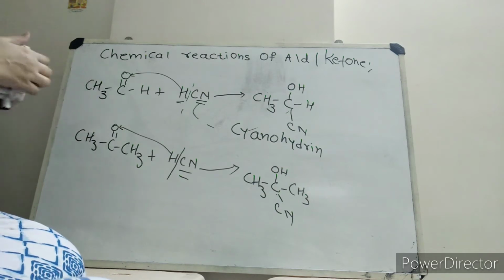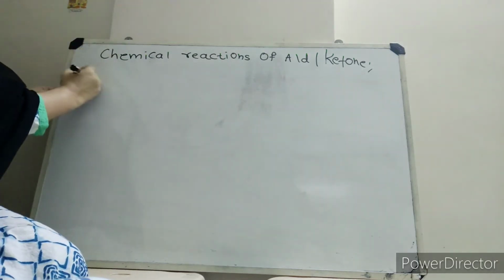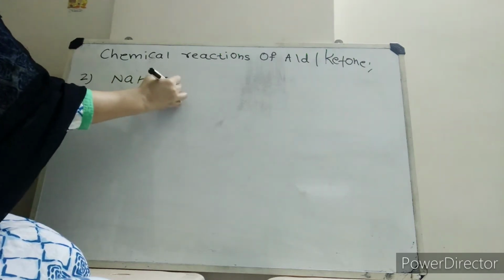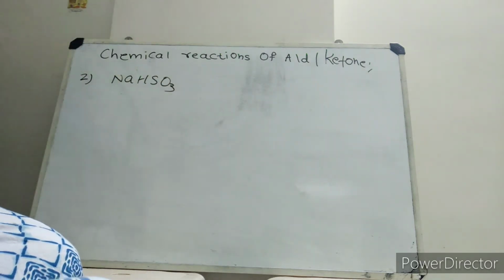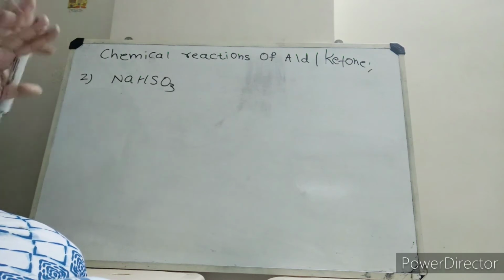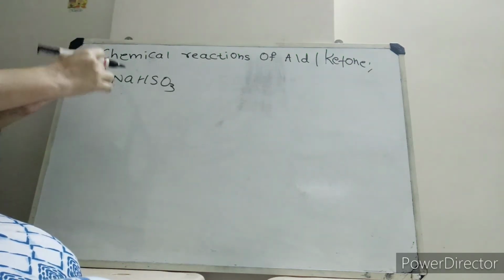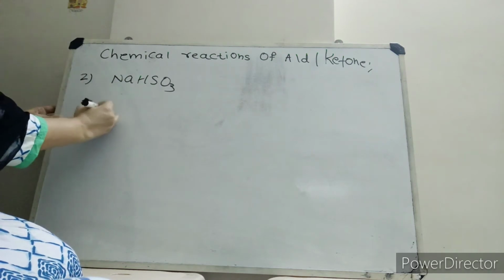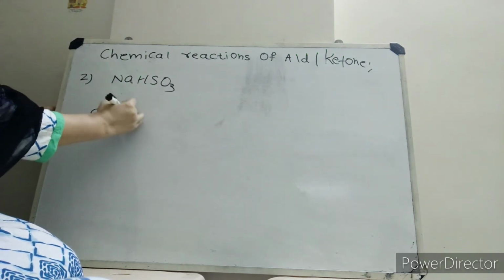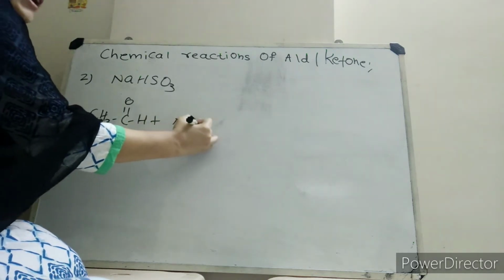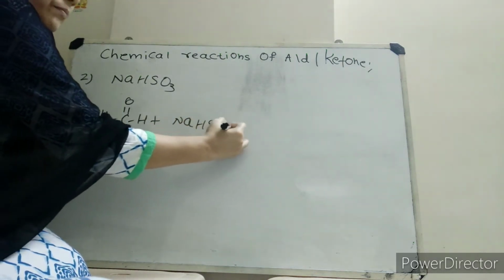Now the second one is with the NaHSO3. This chemical reaction is also the addition reaction, no substitution. It is just added with each other. So suppose if we take first example, acetaldehyde, CH3COH plus NaHSO3.